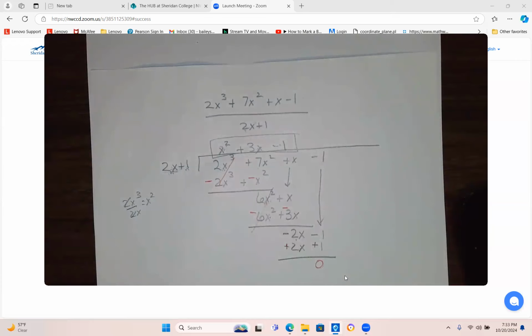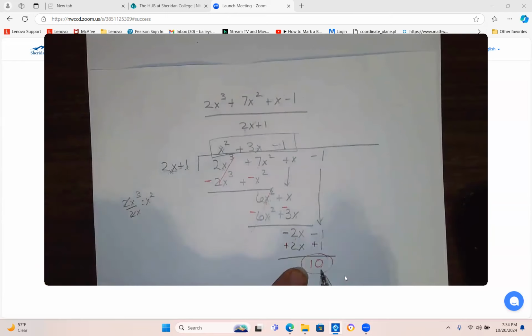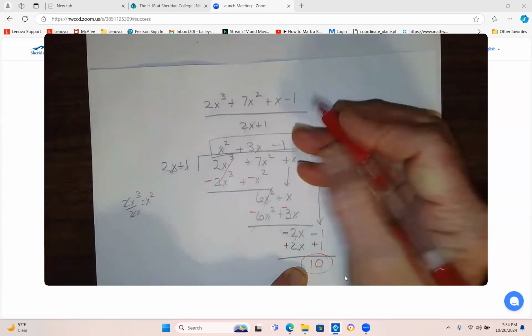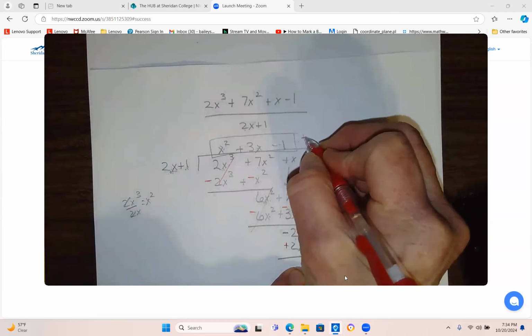But what happens if I would have had a remainder? It was 0 here, but what if I had a 10? Let's pretend that we got a 10 there instead of a 0. What do you do with this 10? Well, it's a positive 10, so you come up here and you go plus.